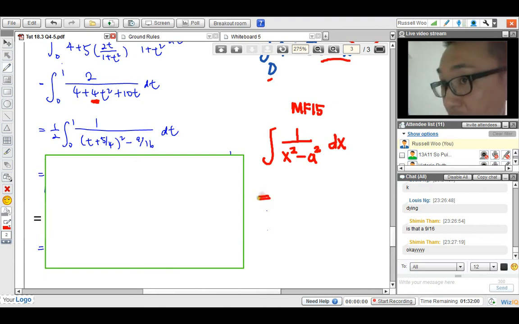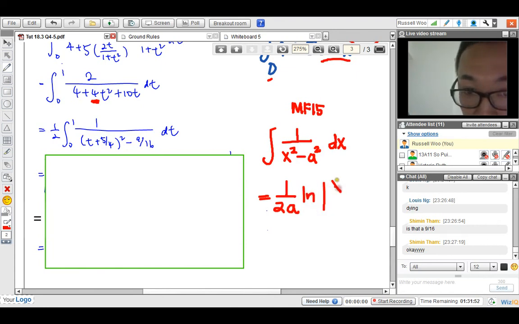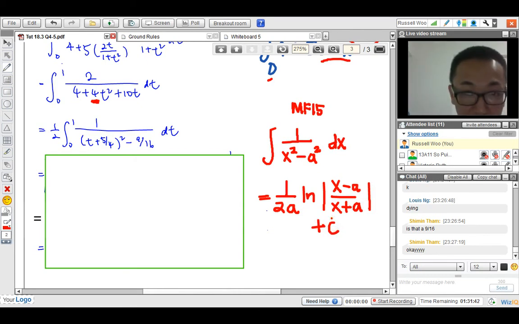What is it? 1 over 2a ln of x minus a over x plus a. I must caution that the mod sign and the plus c are absent from the formula. This is what I added myself, but we all should know that we should add the mod sign and the plus c. Follow so far?